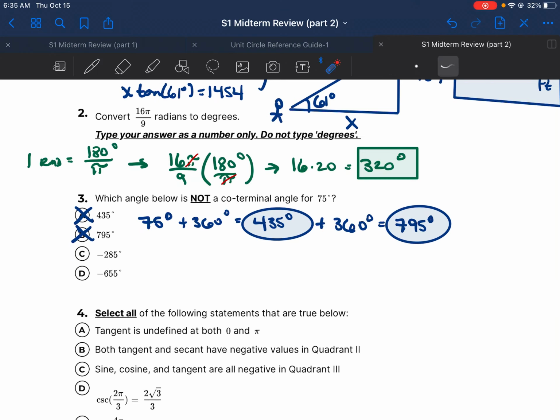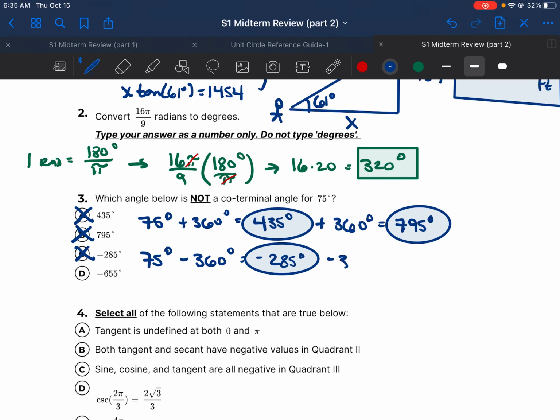Notice that in my answer choices, the remaining answer choices are negative, so I know I can stop adding 360. Let's go back to the original angle of 75 degrees, and let's start subtracting 360. All right, so 75 degrees minus 360, that's negative 285. That's a coterminal angle.